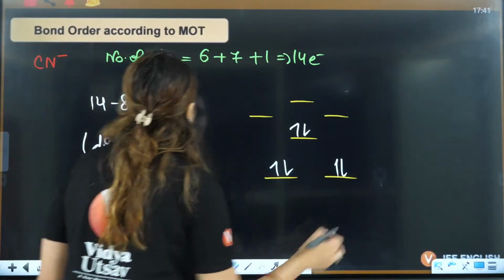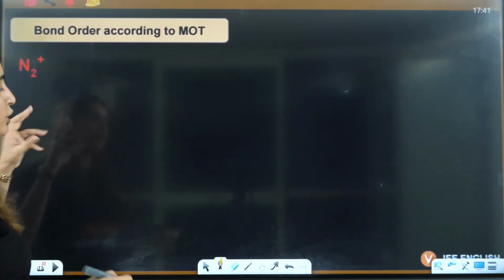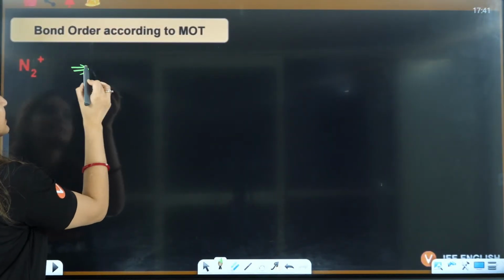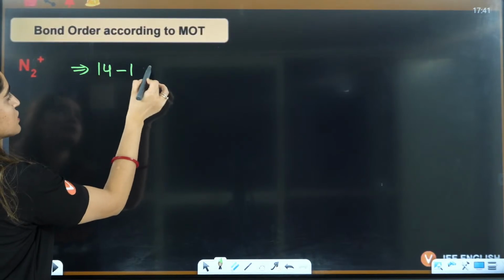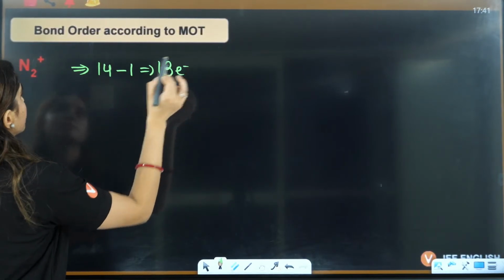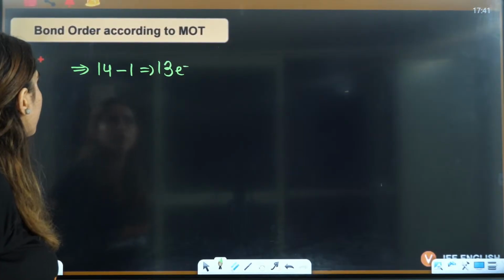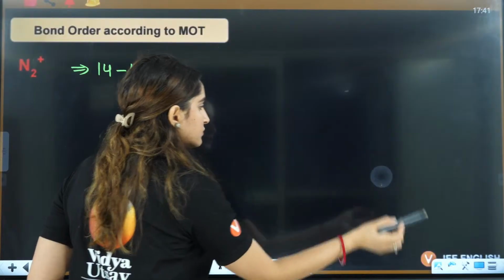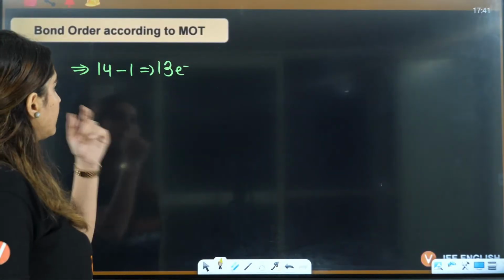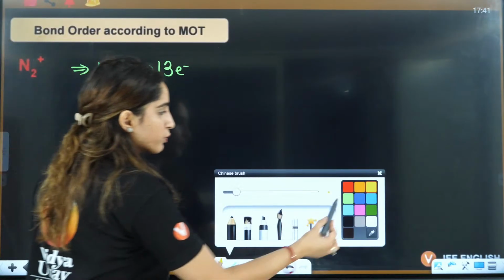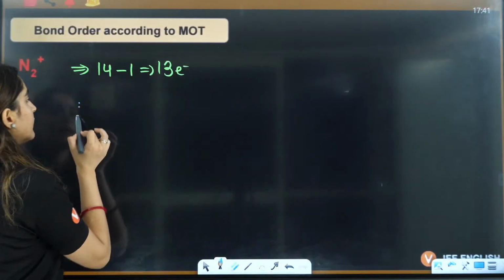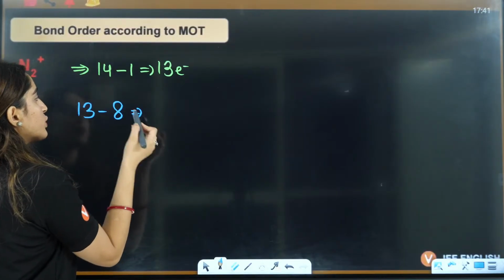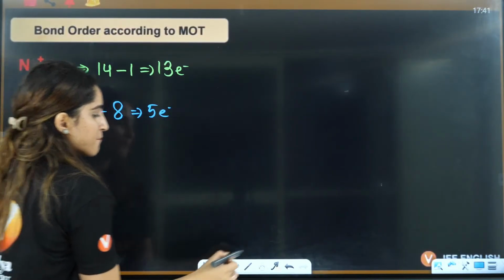Now, let's see the next one, that is N2 positive. For N2 positive, 7 plus 7 is 14, minus 1, that is 13 electrons. Here also, 13 minus 8 electrons is going to be 5 electrons.